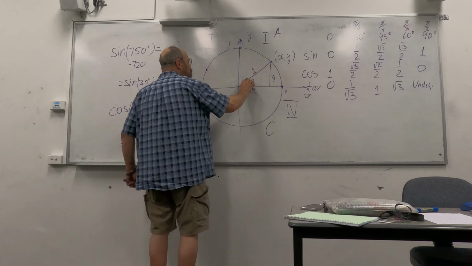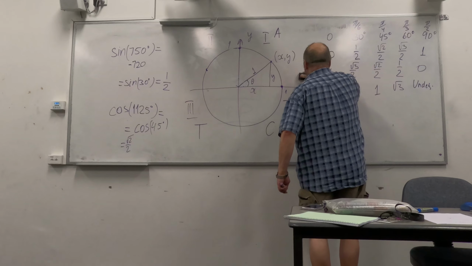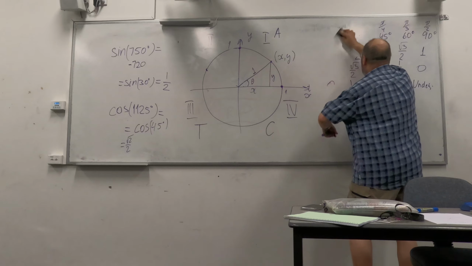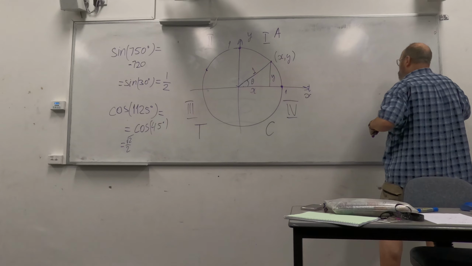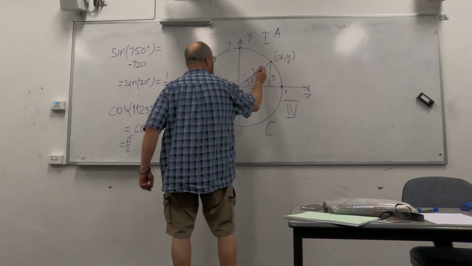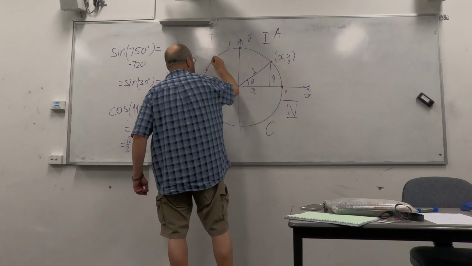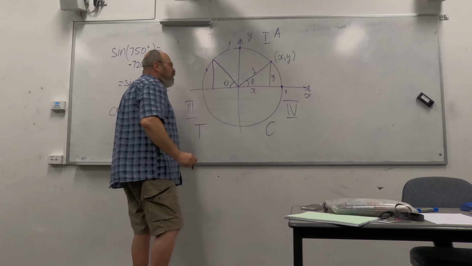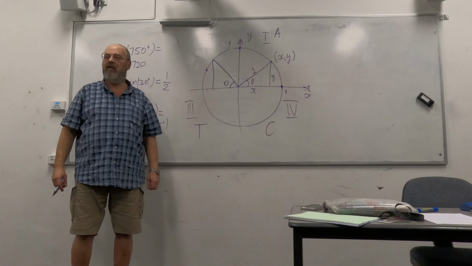One more thing for today, very important: symmetry properties of the circular function. If we make angle theta here, angle theta here, what can we say about these two triangles?